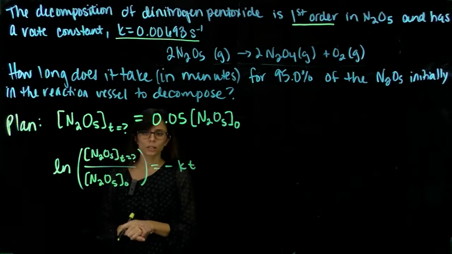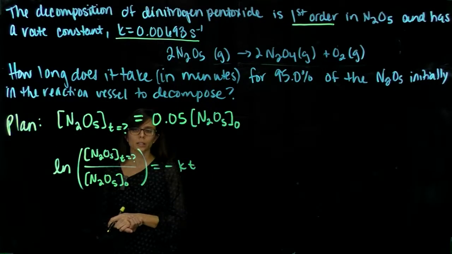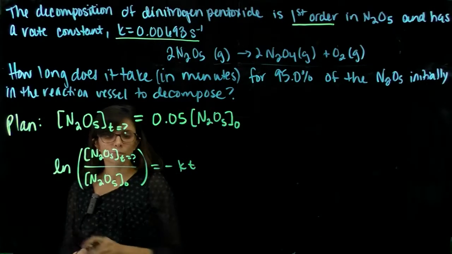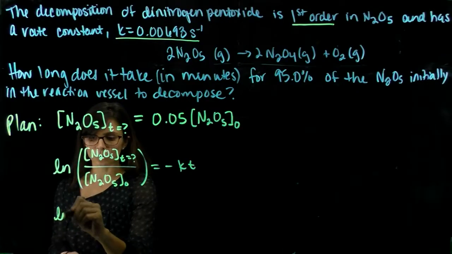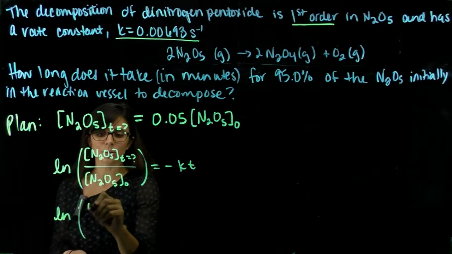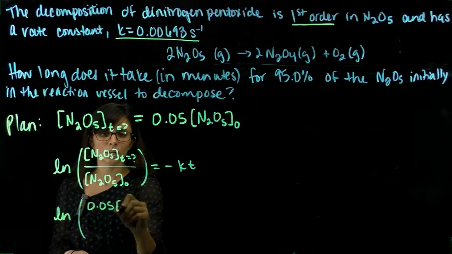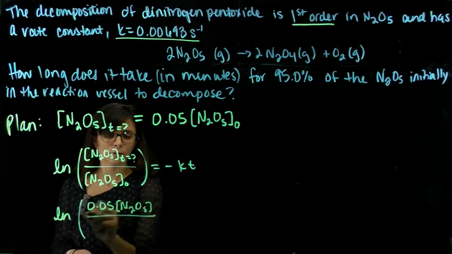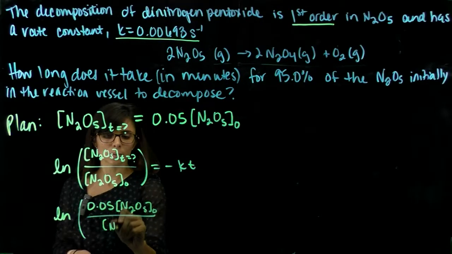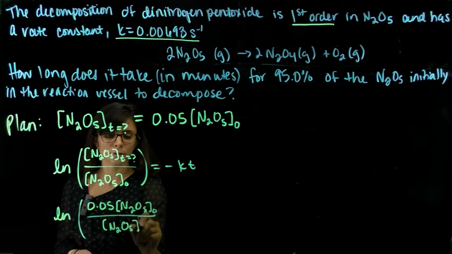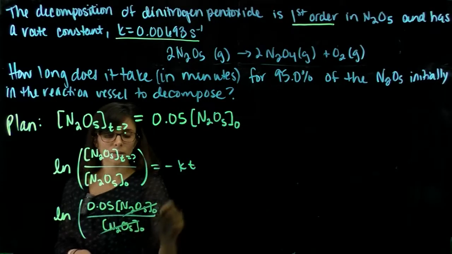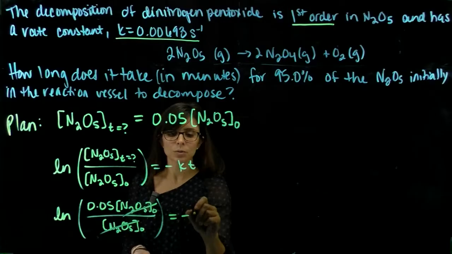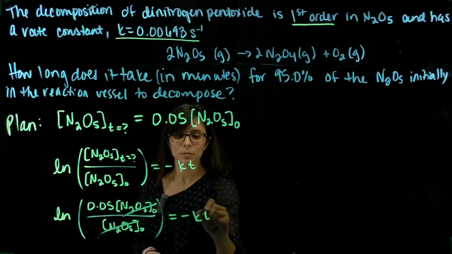All right, and so what we're looking for is when this numerator is equal to 0.05 times the concentration of N2O5 initially, divided by the concentration of N2O5 initially, those two things cancel. So now I'm just taking the natural log of 0.05, and that's equal to negative kt.